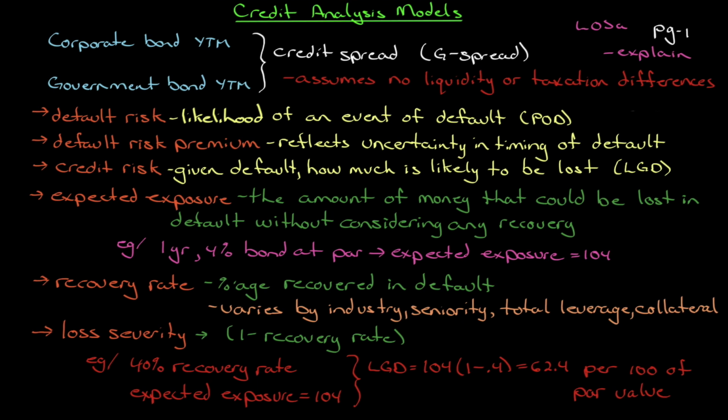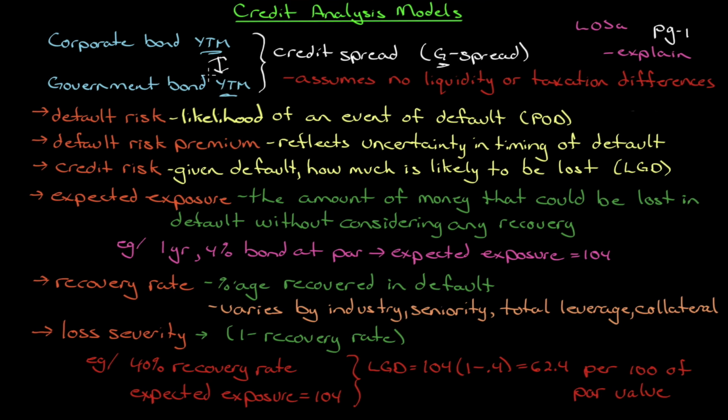All right, let's begin with the idea of the credit spread because we have to point out two important things. Let's say that we have a corporate bond and we observe its yield to maturity, and we have a government bond and we observe its yield to maturity. The difference between these two yield to maturities, and we should expect to see a difference, is called the credit spread. And if it's over the government bond yield to maturity, it's called a G spread.